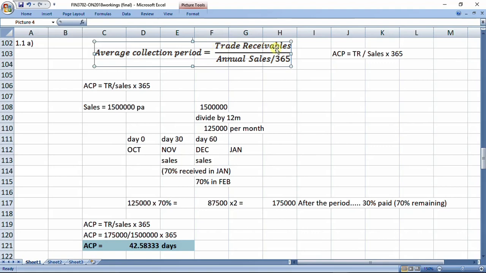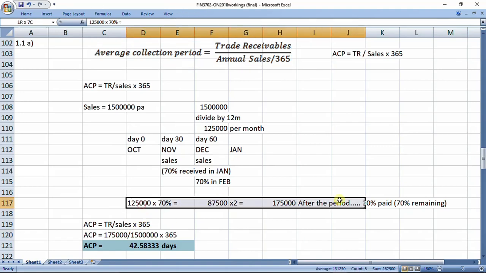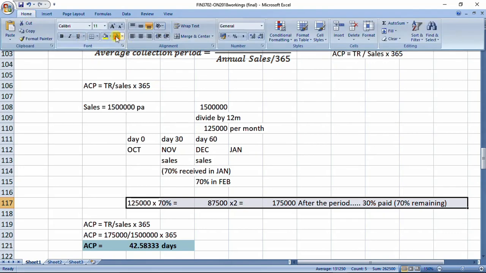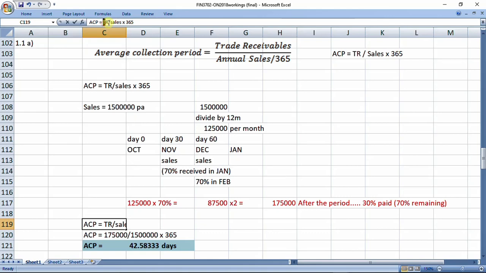After the period, 30% paid, 70% remaining. That 70% remaining is only payable after two months, 50 days after.